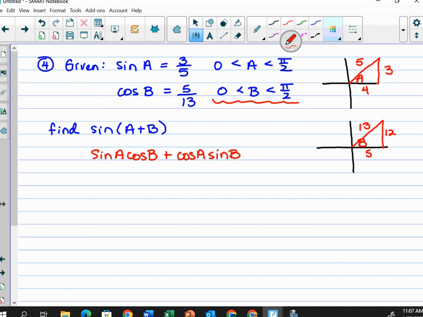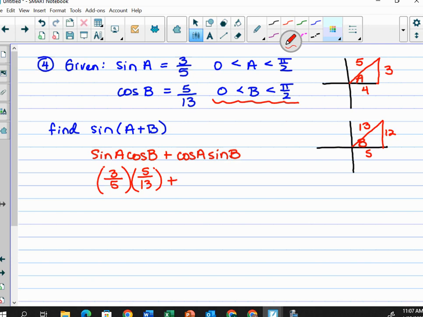Once you have that formula written out, we can evaluate these from our triangles. You're not evaluating from your circle anymore. Look at triangle A. What is the sine of A? 3 over 5, opposite over hypotenuse. What is the cosine of B? 5 over 13.